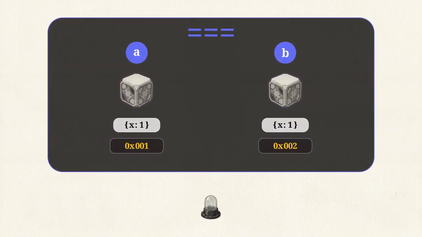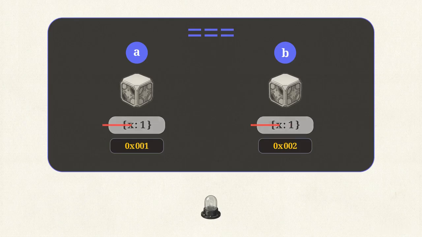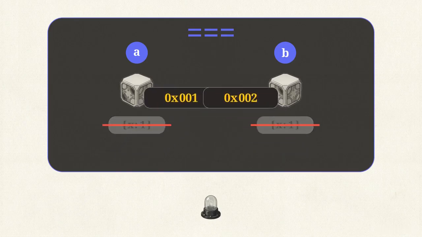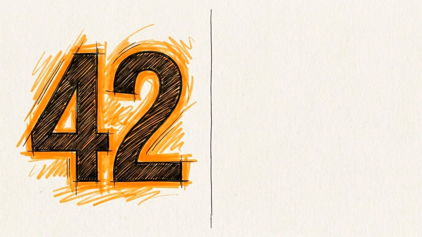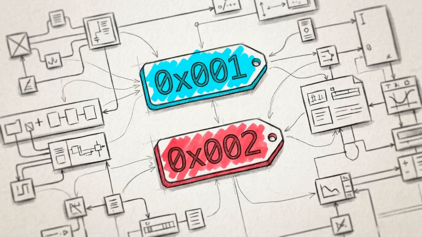This diagram shows exactly why checking if A is strictly equal to B evaluates to false. The strict equality operator isn't looking at the properties inside the objects. It is comparing the literal pointer 0x001 against 0x002. The rules of comparison are dictated by memory allocation. Primitives are compared by their literal value, while objects are compared by their physical reference.